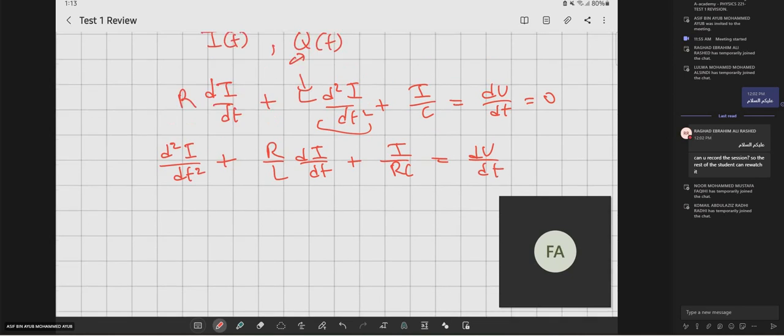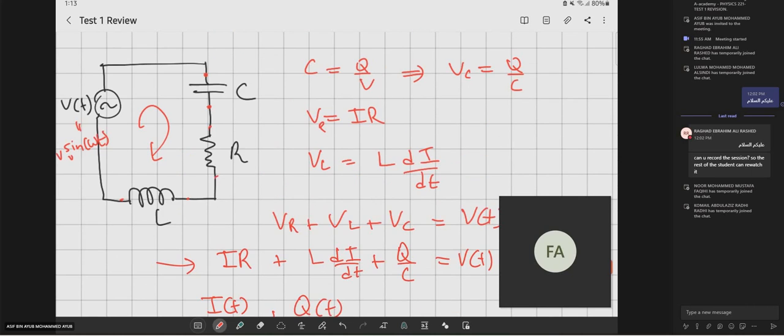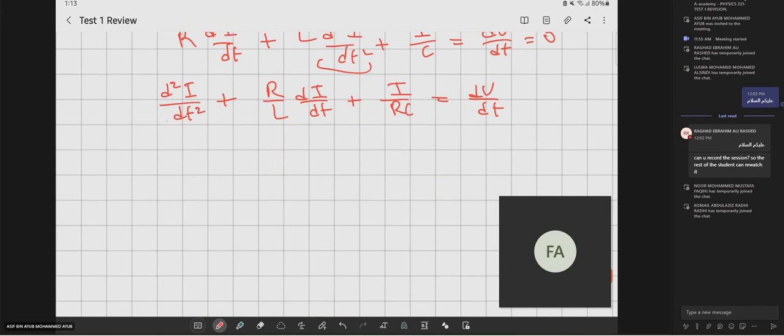This is the equation of the circuit itself, and as you can see, this is a second order linear differential equation.